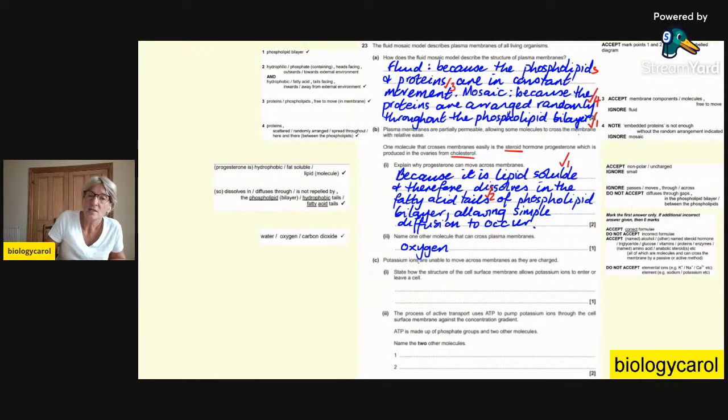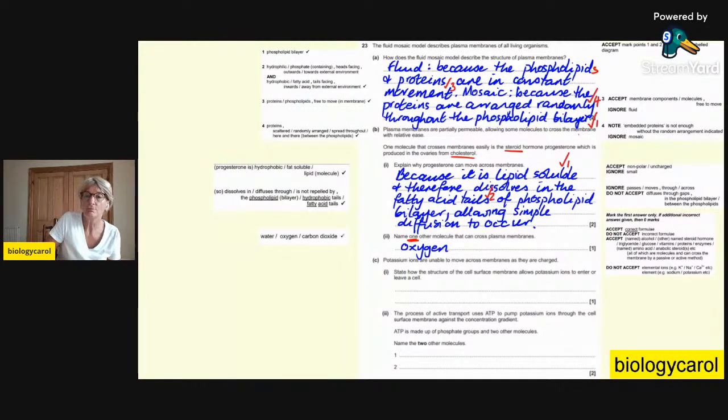Now, I just want to point out here, name one other molecule. If you name more than one, notice, mark the first answer only. If additional incorrect answers are given, so if you had said carbon dioxide and sodium chloride, for example, the sodium chloride answer would have cancelled out your correct carbon dioxide answer.